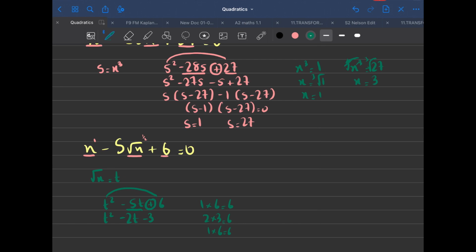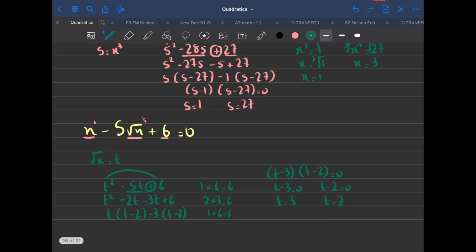Minus 2t minus 3t plus 6. Take t common, t minus 2. Take minus 3 common, t minus 2. So now t minus 3 and t minus 2. It's going to be t minus 3 equal to 0, t is equal to 3, and t minus 2 is equal to 0, t is equal to 2. Now, what was actually the t?